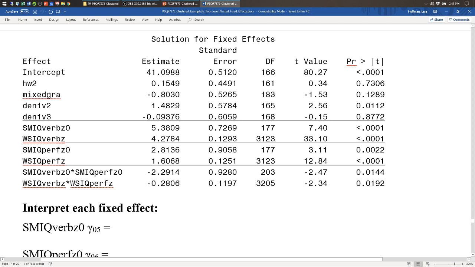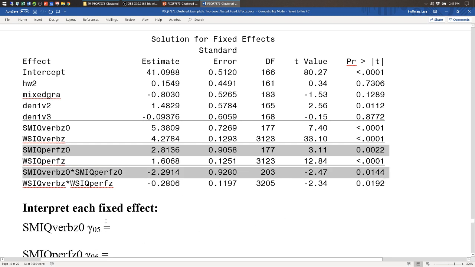So what I want to know is, does more IQ help, or are there diminishing returns? That's my question. So let's take these interaction terms where performance IQ is the thing that I care about, verbal IQ is my moderator. Okay. So this school mean performance IQ, that is conditional on schools that have average verbal IQ of 0.